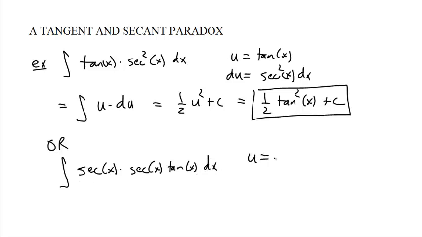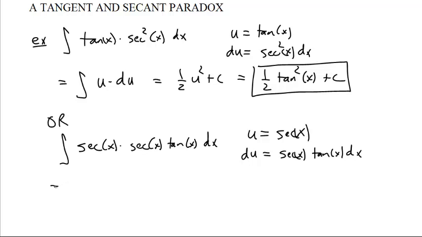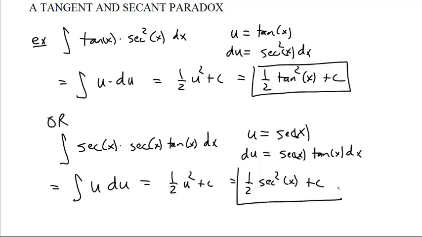And you said, well, I'll set u equal to secant of x, and the derivative is going to be secant x tangent of x dx. And so the secant of x becomes u, and the secant x tangent x dx becomes du. That's easy. It's 1/2 u squared plus a constant, or 1/2 secant squared of x plus c.